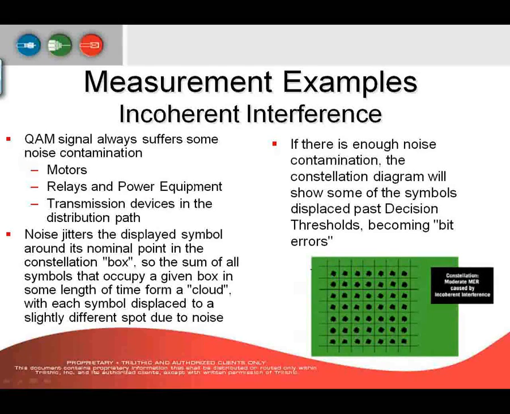Now, incoherent interference is more of a random noise that comes through the screen. That's going to give the impression that the bits are pushed away, or gives a cloud effect in the constellation pattern.